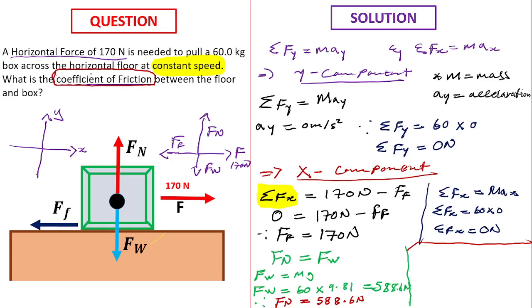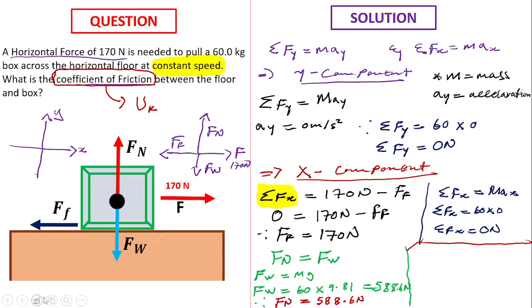The coefficient of friction is represented in most books as mu subscript k. This is the formula that you need to make sure you master.